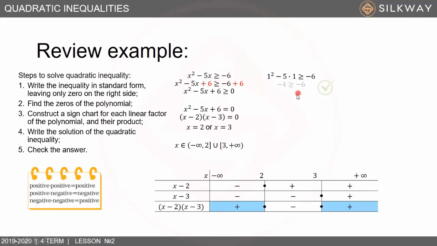Okay, and we will have minus 4 greater than or equal to minus 6. This is right. Okay, then take one number from this interval. Here we take 5. 5 squared minus 5 multiplied by 5 will be 0. 0 is greater than or equal to minus 6. And this is right, our answer is right.